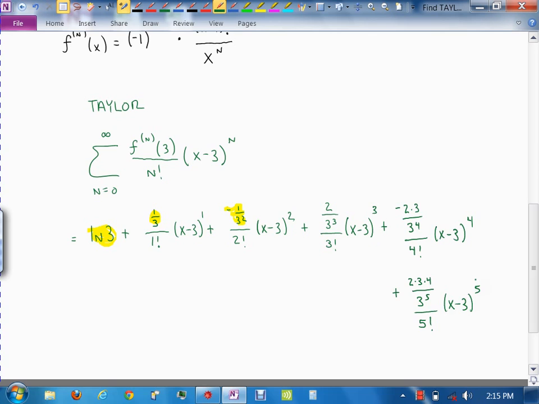What would the next one be? I'm not going to write it down. What would it be? Negative 2 times 3 times 4 times 5 all over 3 to the sixth over 6 factorial all times x minus 3 to the sixth.